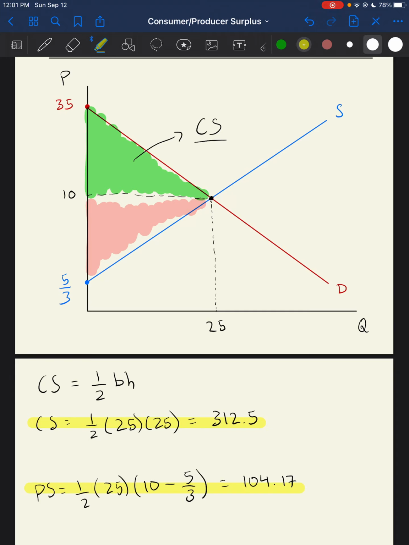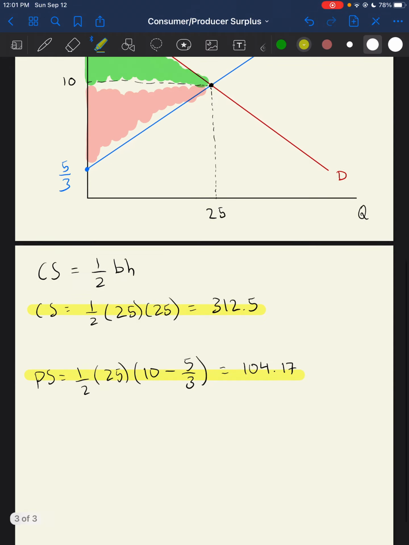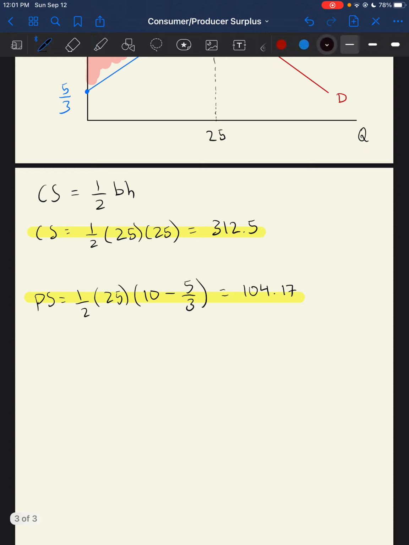Great, so now that we've done this, we found our consumer surplus and our producer surplus using the concepts that we learned both now and also in lecture. Now if I want to find the total surplus, remember my total surplus is just my consumer surplus plus the producer surplus.